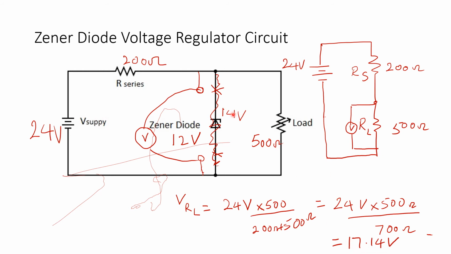That 17.14 volts allows the Zener diode to work in conjunction with the load.